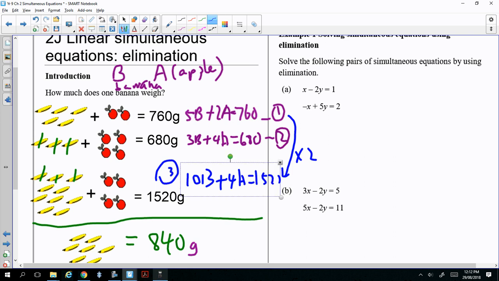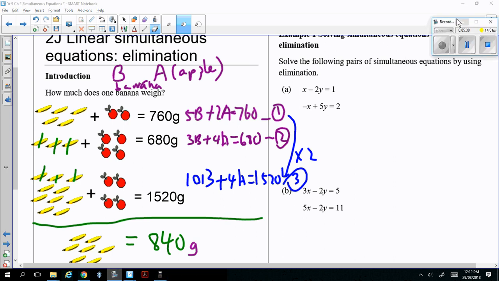That's equation 3. I double equation 1. So there's only 2, not 3. That's the third equation. Got it? So I changed equation 1 to get equation 3, right? 10 bananas, 4 apples. And then what we're going to do is subtract 3 by 2.